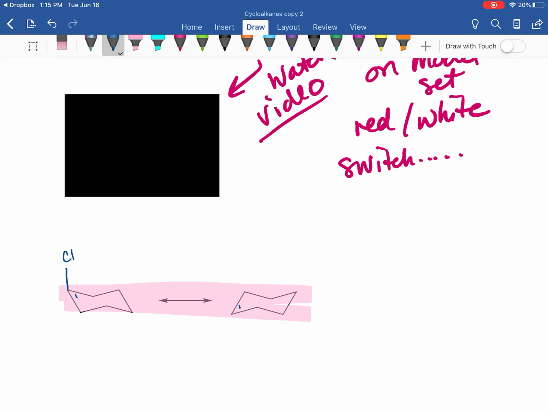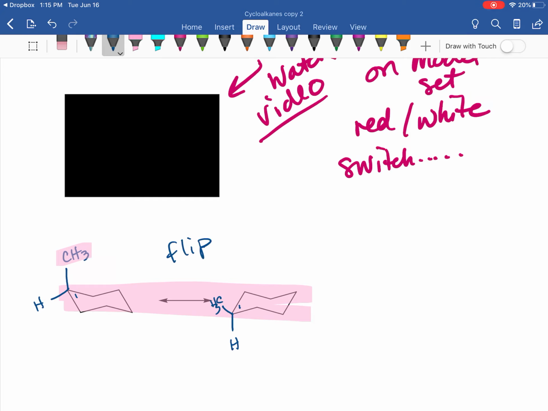Let's start with our methyl group axial, and then as we flip, if our methyl group was axial, where is it now? As we flip, it is now equatorial.